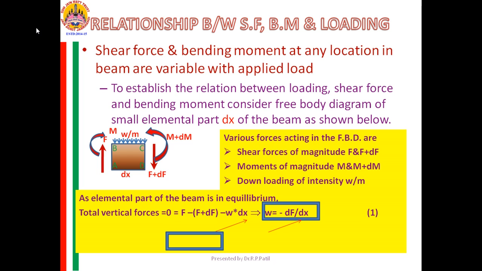Now left out are M, it is a couple. Couple should not be multiplied with the distance. This is equal to plus M only. One more couple is M plus dM. It is in anti-clockwise direction. That is why it is negative. Therefore, final equation will appear like this.